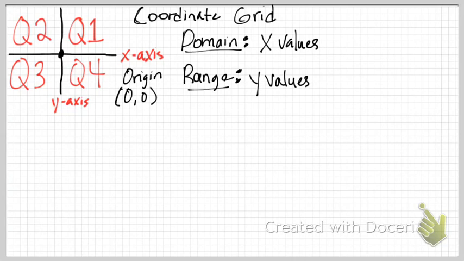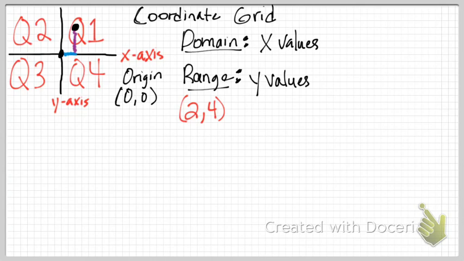Now, just a brief overview. I think everybody knows how to graph a point, but just in case. Let's say we had a point of 2, 4. If I wanted to graph this point, I would go over to the right 2, and then I would go up 4, and I'd make my point.